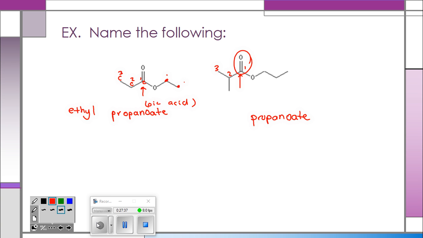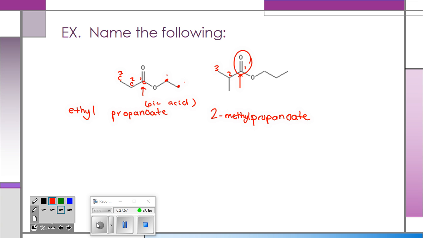It wasn't just propanoic acid. It would have been 2-methyl propanoic acid. So there was a side group on my acid, so that has to be part of the name.